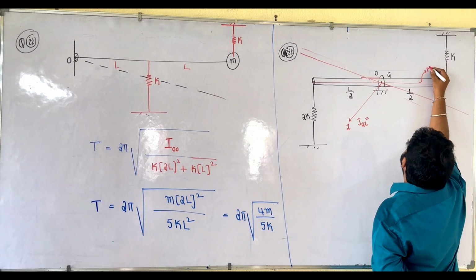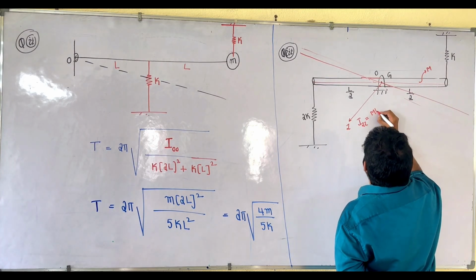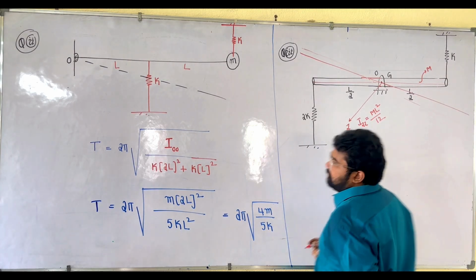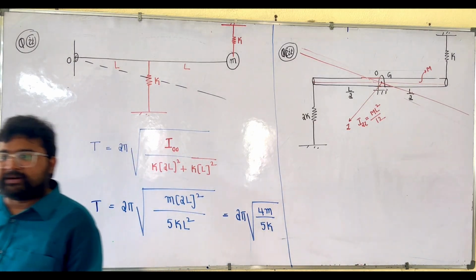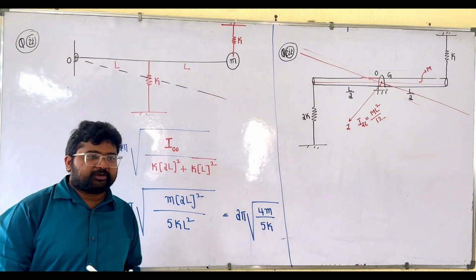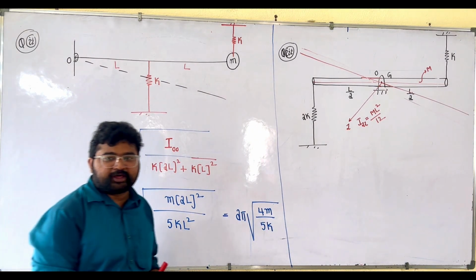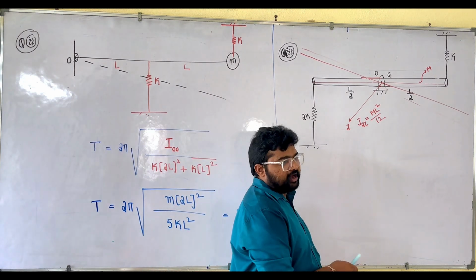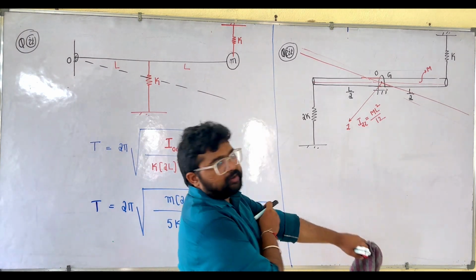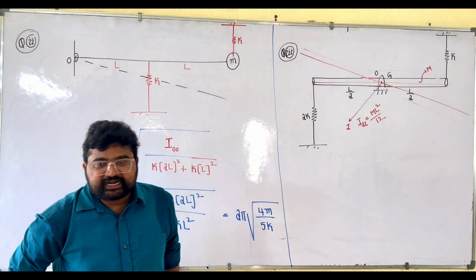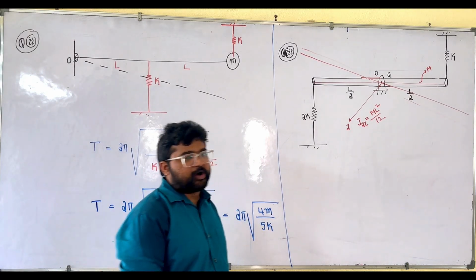Mass of the rod is capital M. It is M L square by 12. Did we not say this earlier? Okay? The mass moment of inertia of the rod is M L square by 12. Here we need not apply the parallel axis theorem because the center of gravity coincides with the pivot point O.